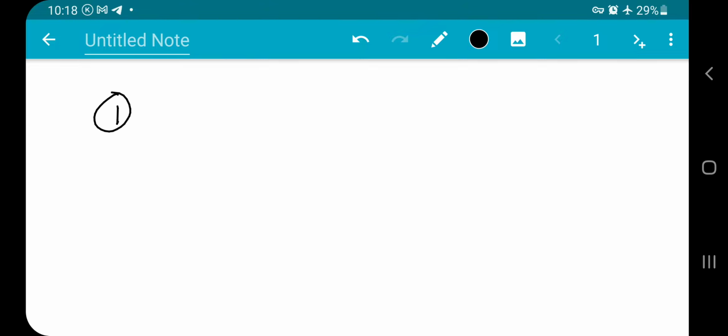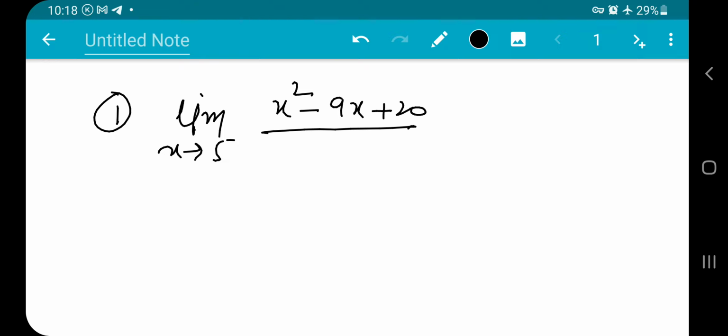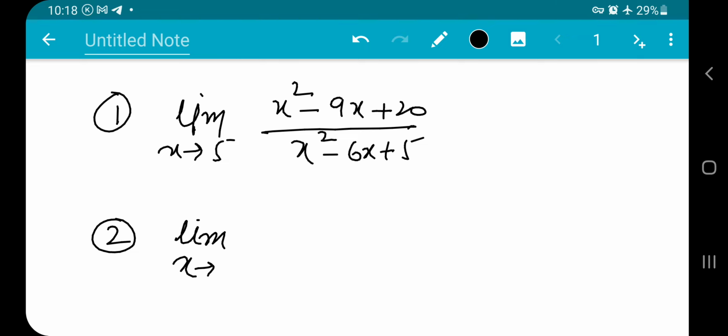Number one, I am taking limit x tends to 5, x square minus 9x plus 20 by x square minus 6x plus 5. Number 2, I am taking limit x tends to 1 by 4, 4x minus 1 by 2 root x minus 1.